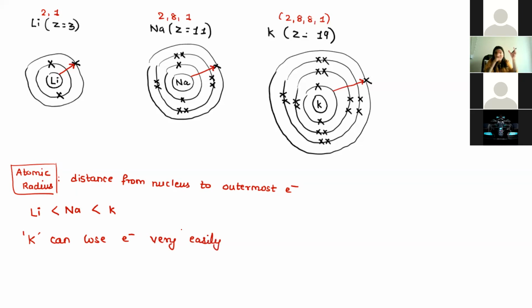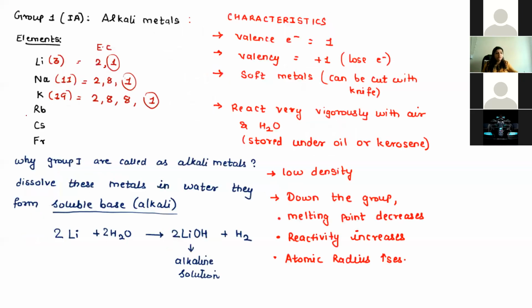So if I go down the group, compared to lithium, sodium can lose an electron easily. Compared to sodium, potassium can lose an electron easily. Compared to potassium, rubidium can lose an electron easily.